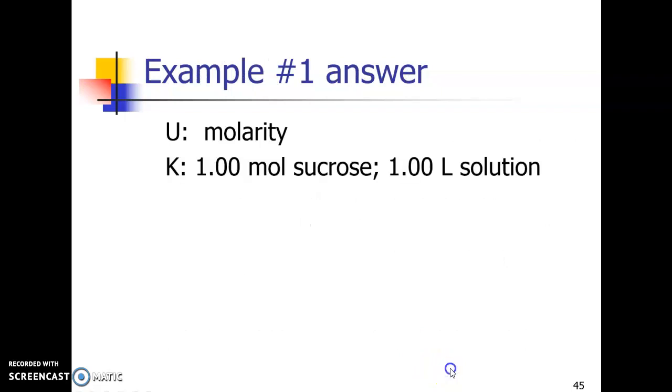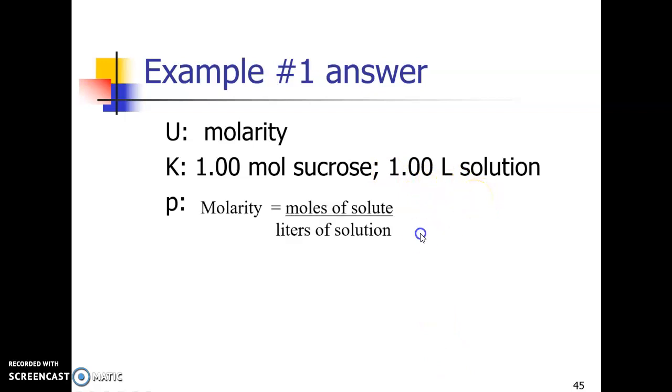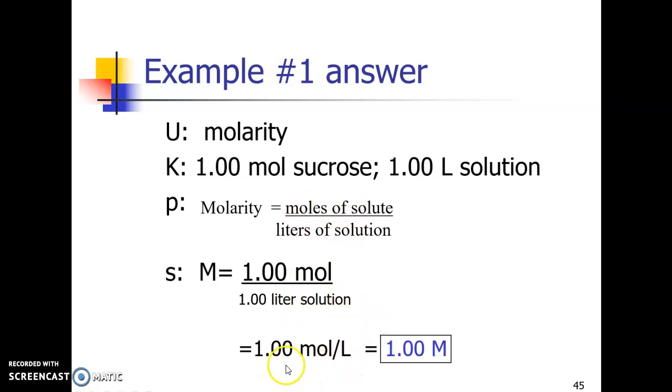Alright, so our unknown is molarity. Our known is that we have 1 mole of sucrose, and we dissolve it such that we have a total volume of 1 liter of solution. The plan would be to use the equation molarity equals moles of solute divided by liters of solution. And so we would divide 1 mole by 1 liter of solution, and we would get an answer of 1.00 molar.